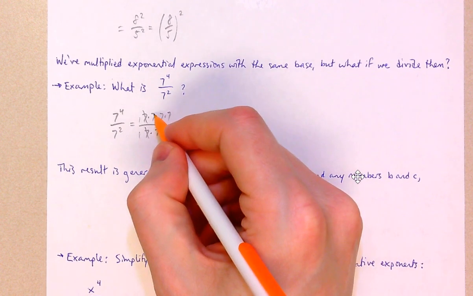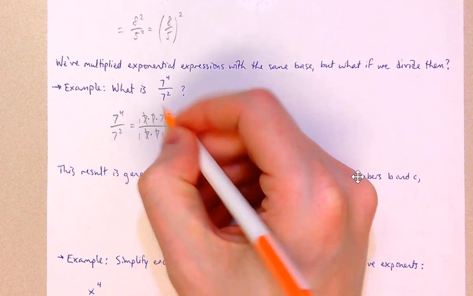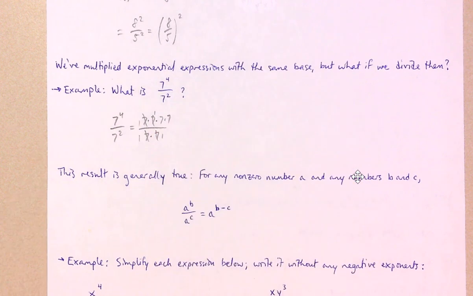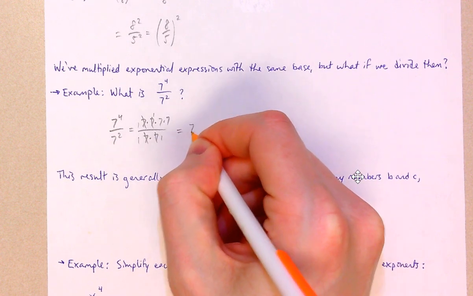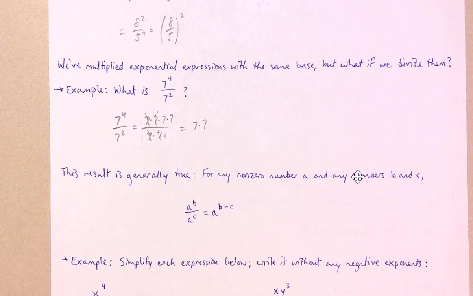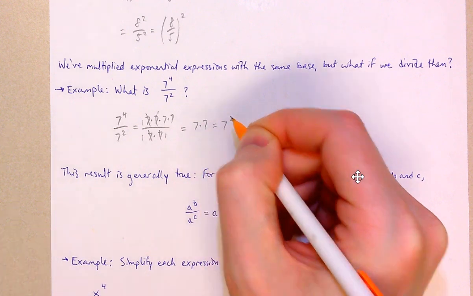And I have another factor of 7 on the top and a factor of 7 on the bottom. Those will divide out to 1 as well. So I have 1 times 1 times 7 times 7 on top, and 1 times 1 on the bottom, which is 1, and division by 1 doesn't change anything. So I'm left with 7 times 7, or as an exponential expression, 7 to the power of 2.